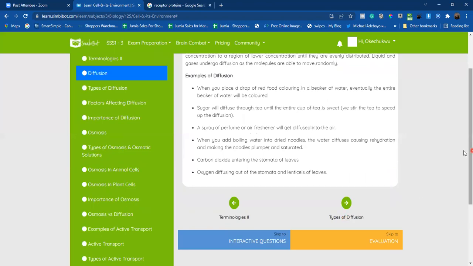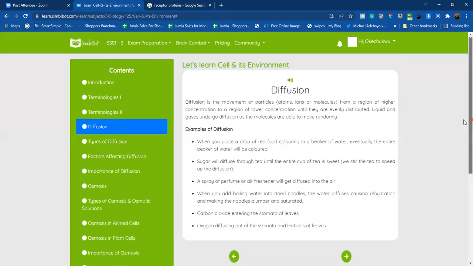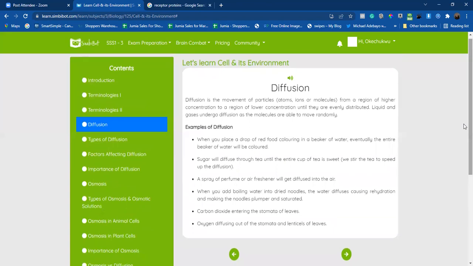Let's continue. Let's move on to diffusion. What is diffusion?